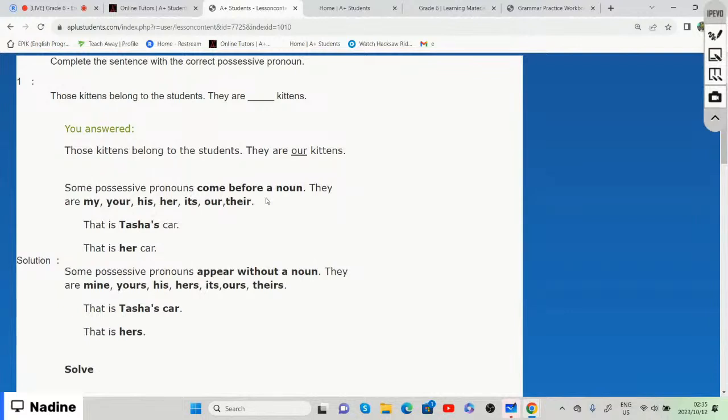And then we also said that some of the possessive pronouns appear without a noun. For example, it is mine, it is yours, it is his, it is hers, it's theirs, ours, or its. And those are possessive pronouns.